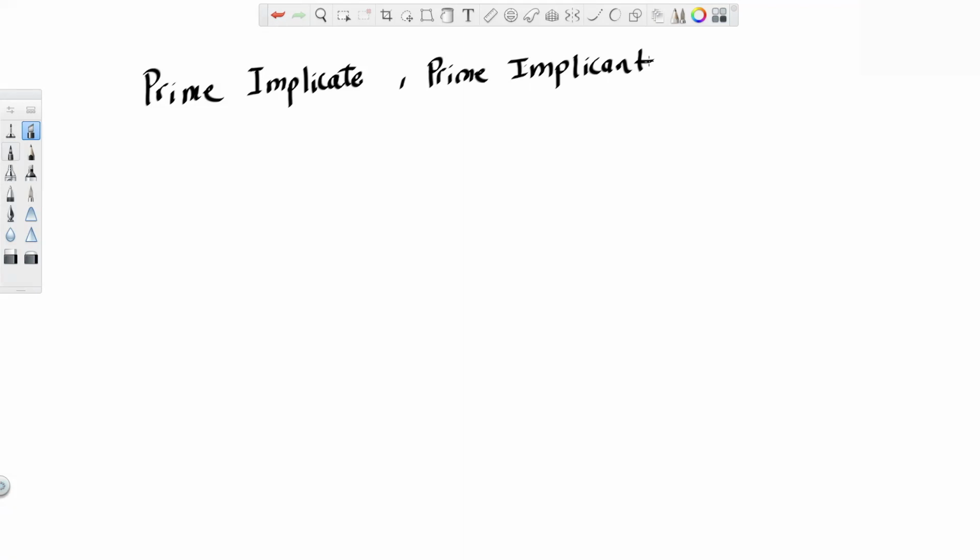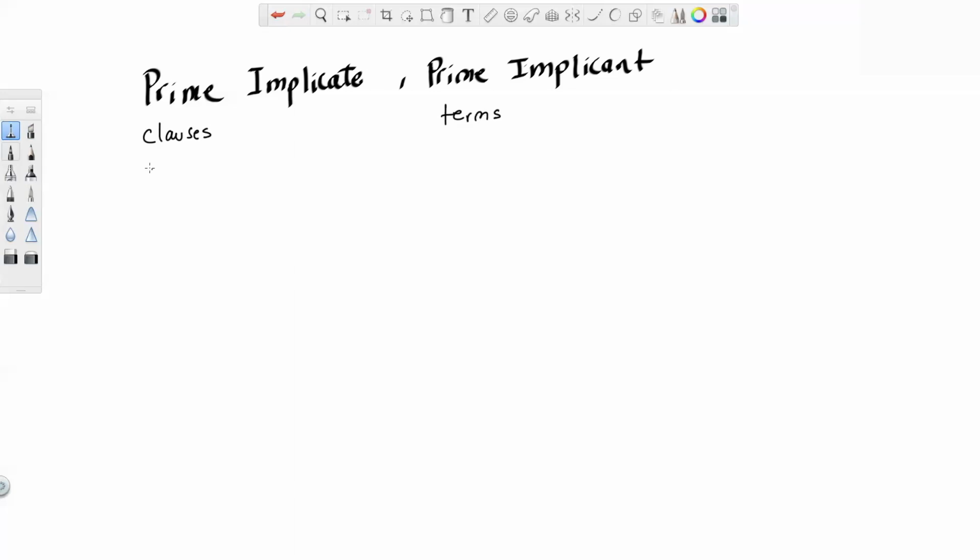And here we're going to be preparing the grounds by talking about some notions related to clauses and terms, because prime implicates are basically clauses, and prime implicants end up being terms. So before we even give the definitions of these things, we need to be familiar with some key notions related to clauses and terms.